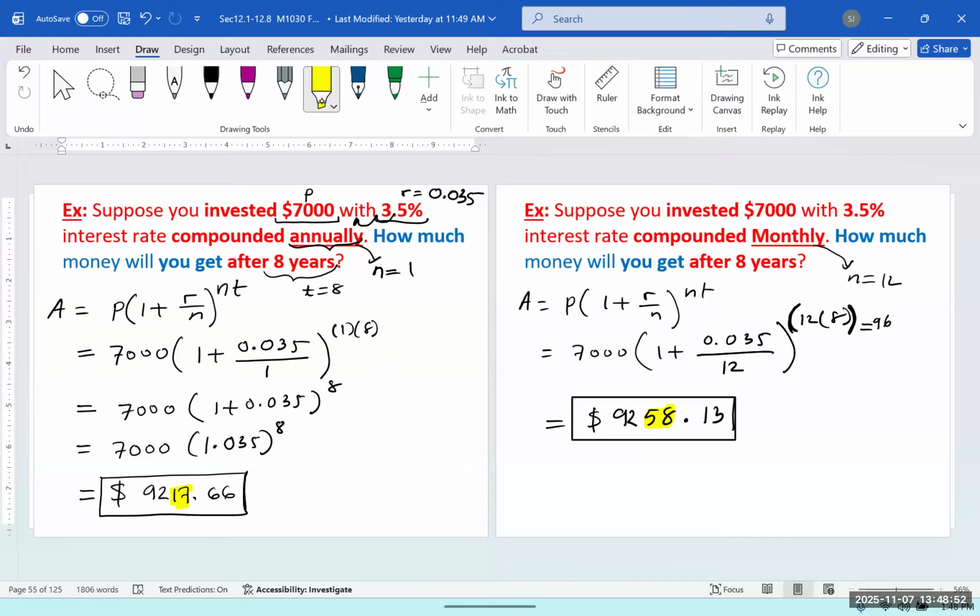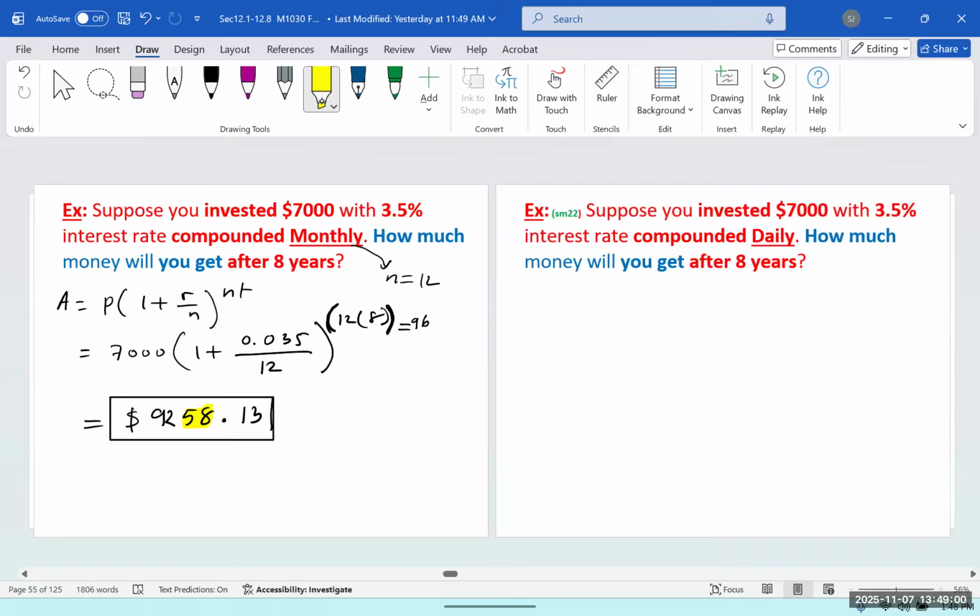So you get greedy, like, oh, if I compound 12 times, I got more money. What if I compound daily? Then how much am I going to get? So daily means how many times you're going to do it? 365 times. So A equals P, 1 plus R over n, whole thing to the power nt.